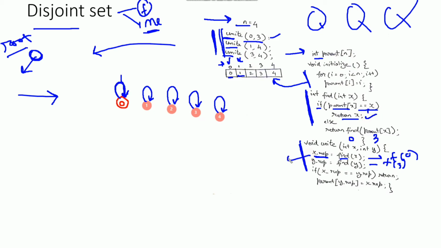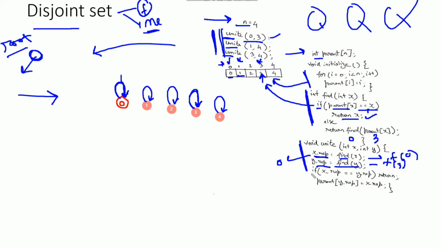So the representative of x is 0, and for y, I call find of 3. Parent of 3 is 3 itself. In the parent array, which holds the representative of each data, at index 3 the representative is 3. In the diagram, the representative of data 3 is 3 itself.